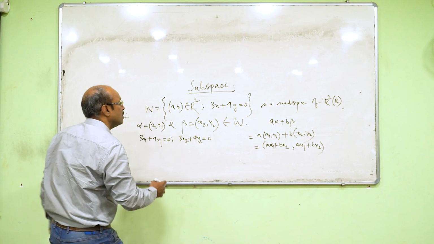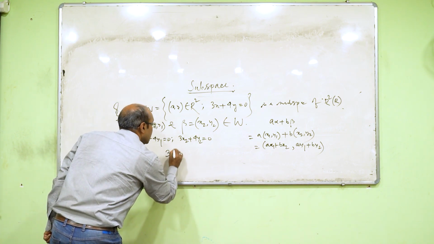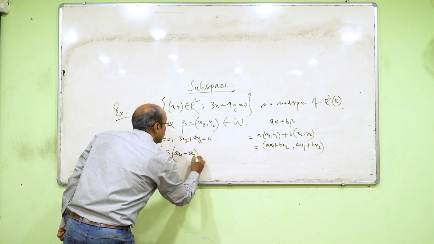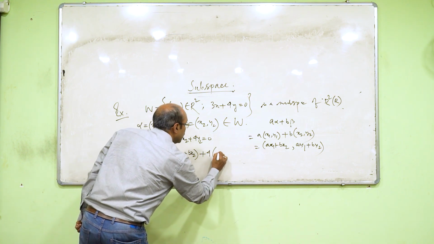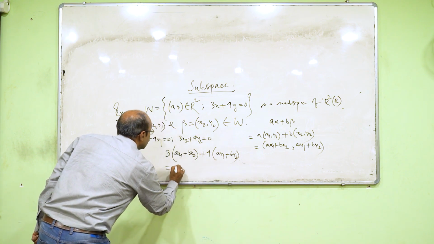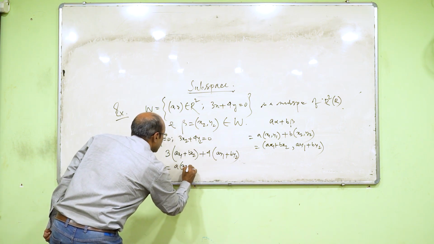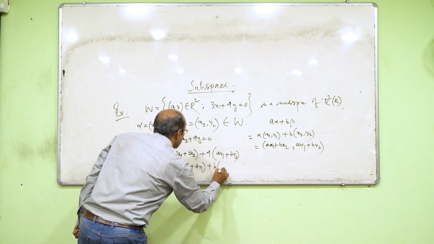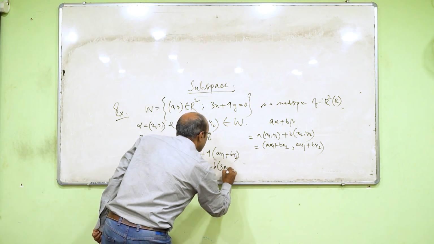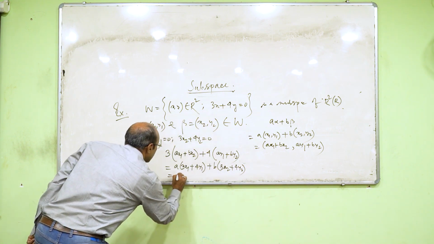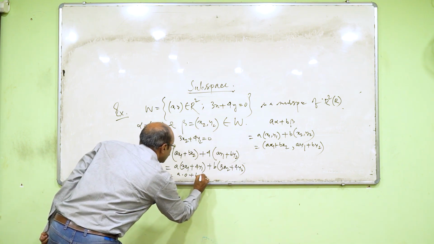Now let us look at the relation: 3 into (A x1 plus B x2) plus 4 into (A y1 plus B y2), that is A into (3x1 plus 4y1) plus B into (3x2 plus 4y2), equals A into 0 plus B into 0, which is 0.